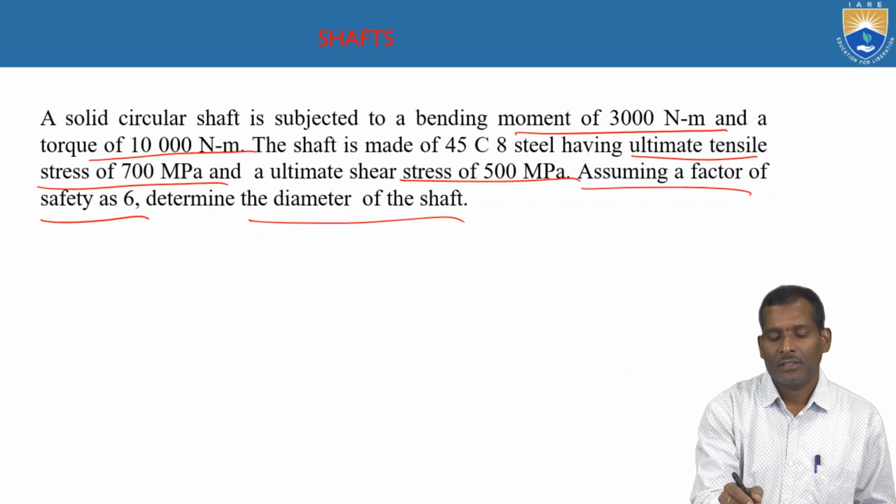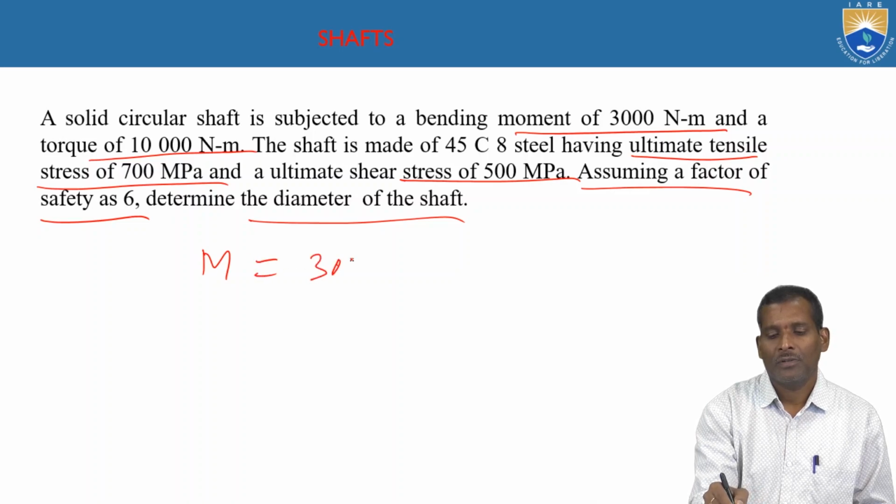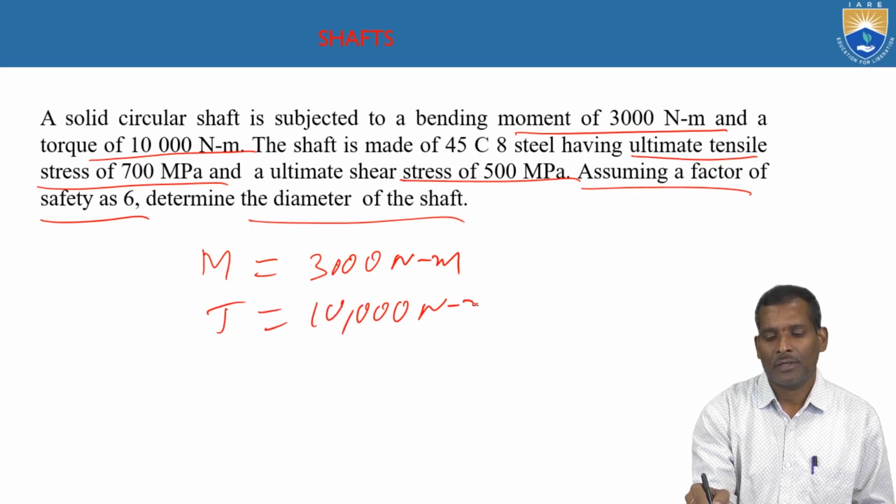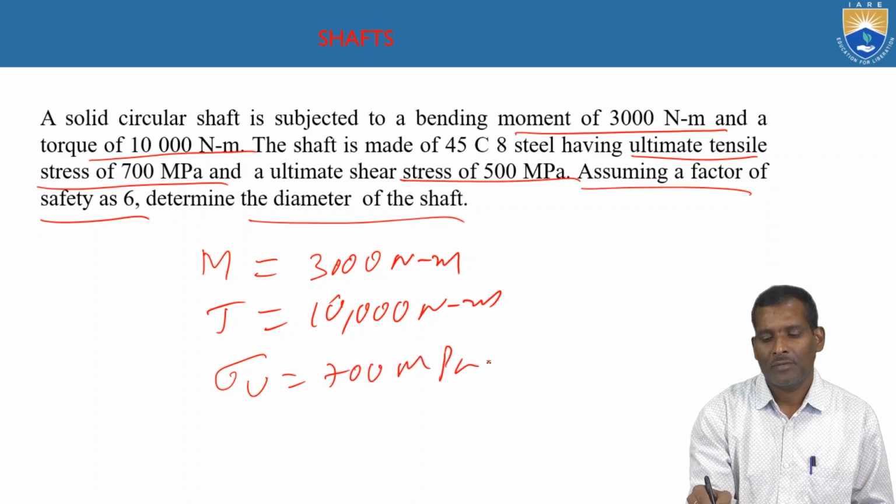So here the given data, first write down: M is equal to 3000 Newton meter and torque is equal to 10,000 Newton meter. The ultimate tensile stress is 700 megapascal, and the ultimate shear stress is 500 megapascal.